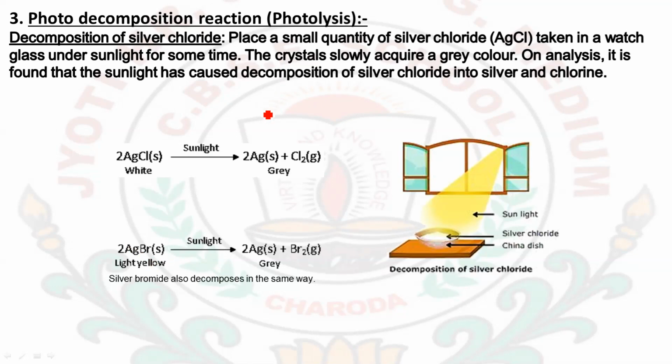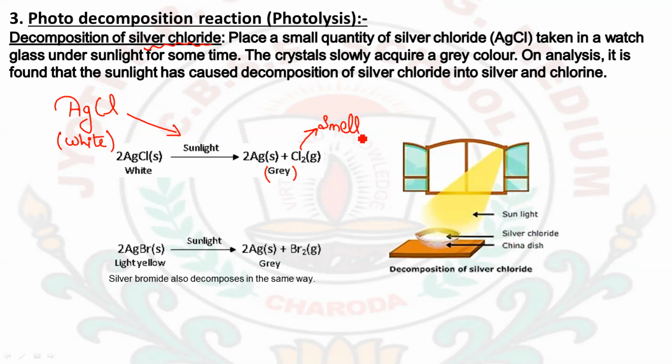Now for the example I have taken silver chloride here. Silver chloride's chemical formula is AgCl. When AgCl is taken in a china dish, AgCl is generally white in color. It is a white colored salt, and it is taken in a china dish, and when it is exposed to sunlight, then after some time you will see a gray colored substance has been left out there, and a pungent smell is coming there.